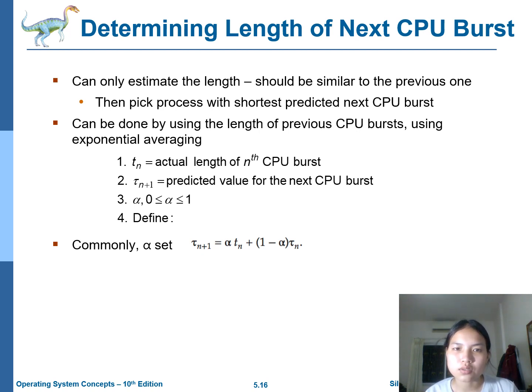Then pick the process with the shortest predicted next CPU burst. This can be done using the length of previous CPU bursts, using exponential averaging.